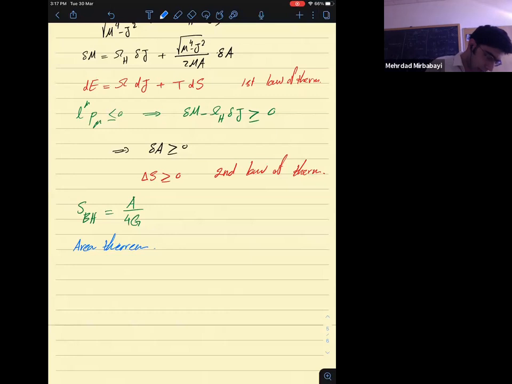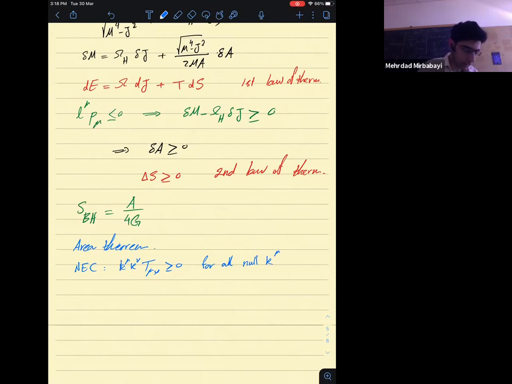It says that if we satisfy the null energy condition, which is the statement that k^mu k^nu T_mu nu is larger than or equal to 0 for all null vectors k^mu, so these are just null 4-vectors.